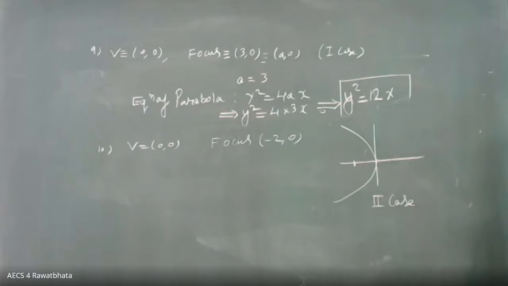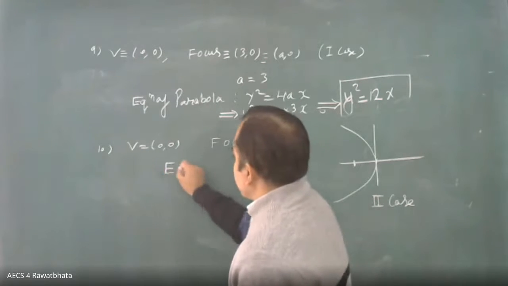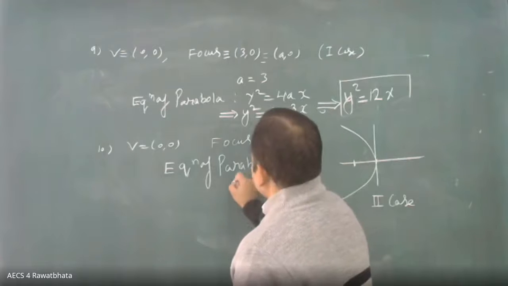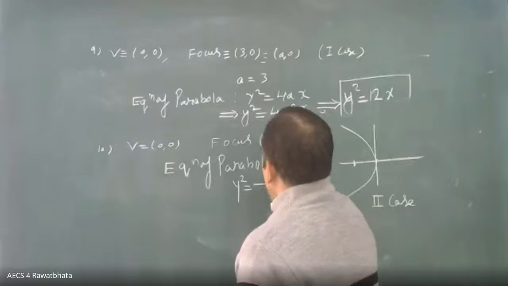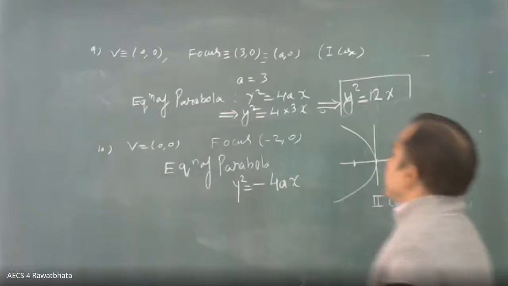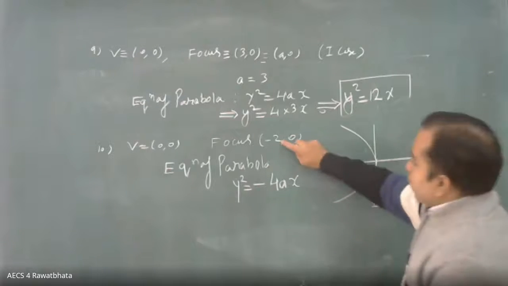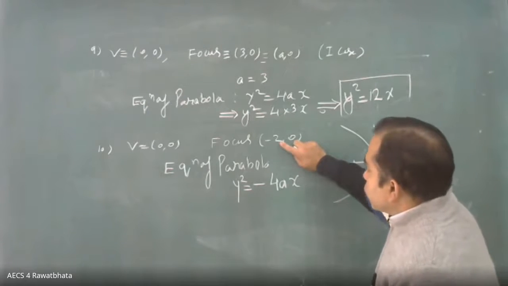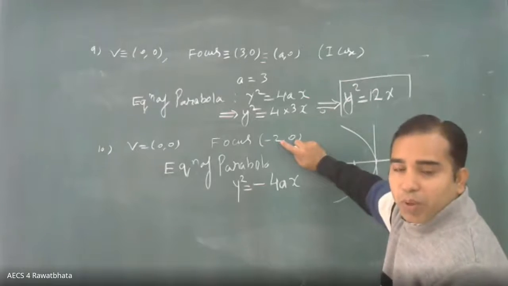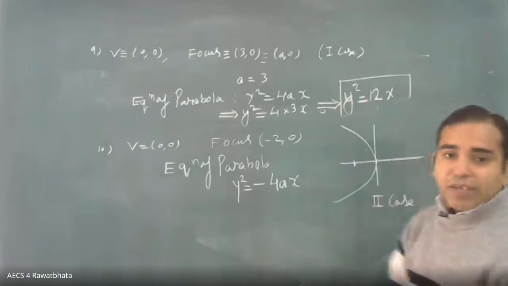So in the second case, what is the equation of the parabola? y square equals minus 4ax, and this is the value of a. a is 2 here, not minus 2, because the minus should appear finally. So a is 2 here.